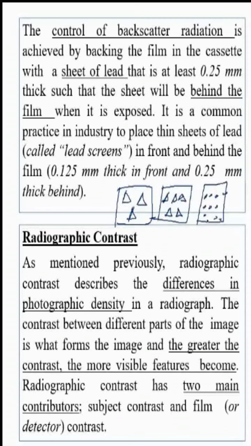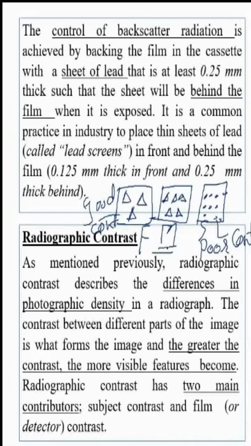So this film is called slow film, this is medium or moderate, and this is called fast film. So if you have fast film, you get very good contrast. Good contrast. And here you get poor contrast. Correct? So here you get a combination of good contrast and good sensitivity.